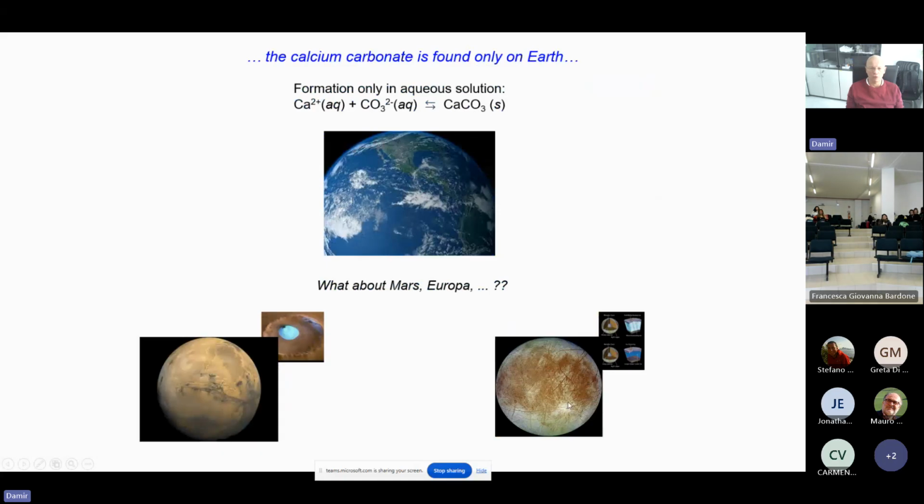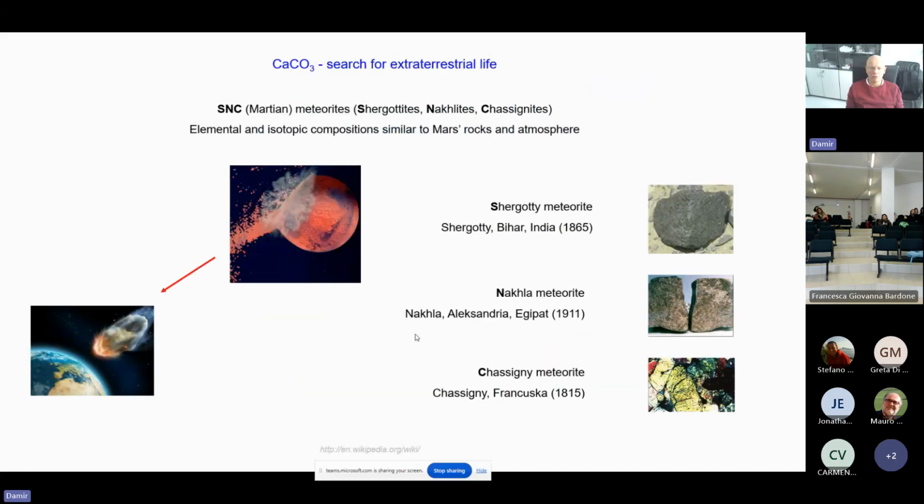So, the question is, is there any calcium carbonate on other objects in the solar system? And this is actually somehow related to the search for extraterrestrial life. Namely, there is a class of meteorites called SNC meteorites, which were found on the Earth, and elemental isotopic composition shows that they are part of Mars rocks, and there is also found relic of Mars atmosphere.